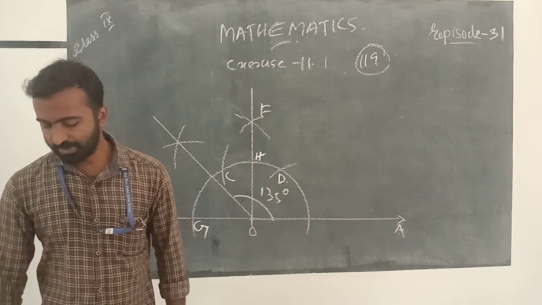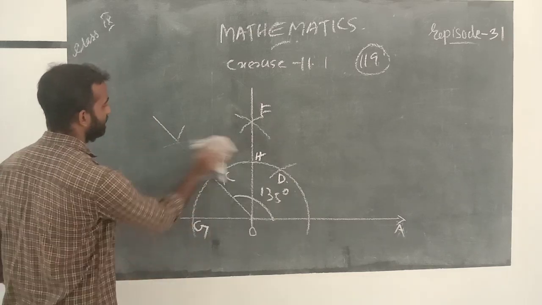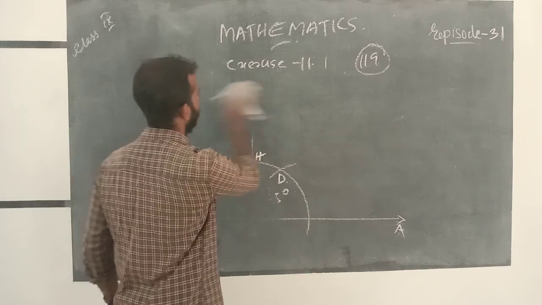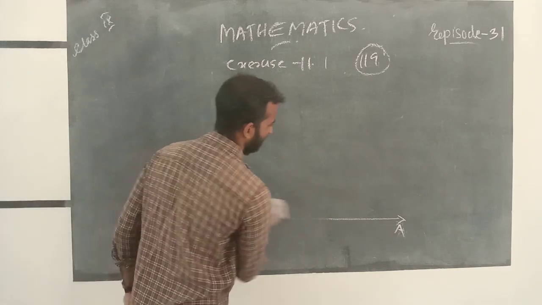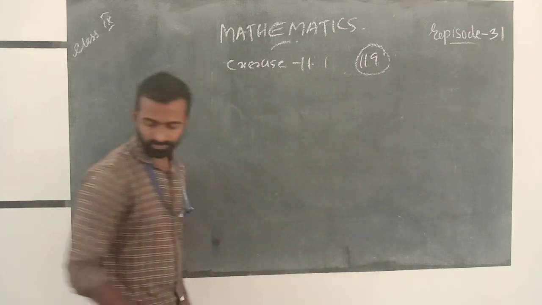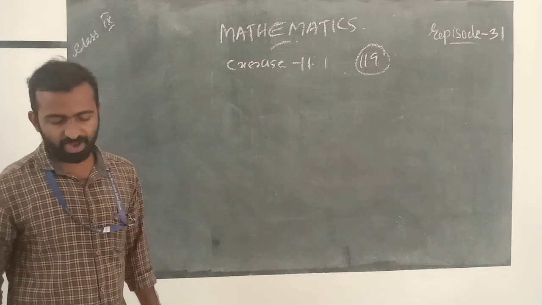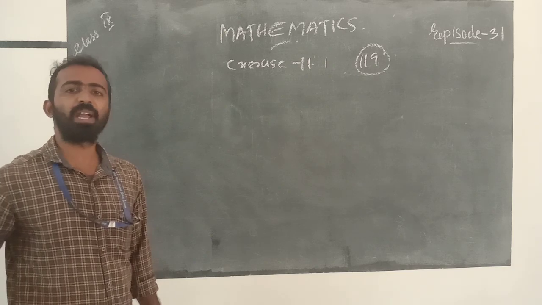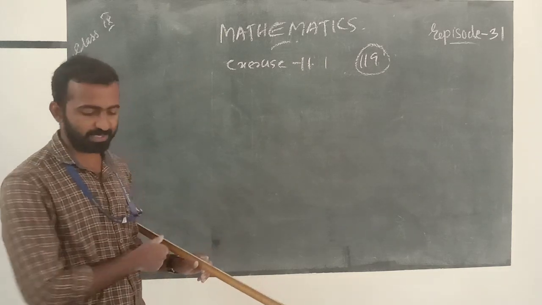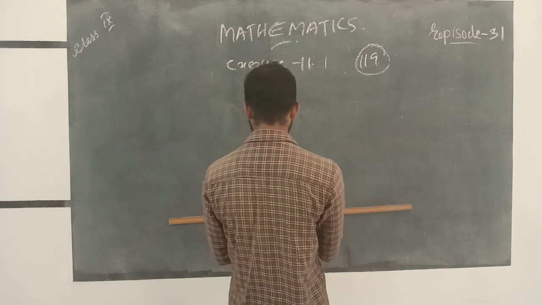First we draw a side of 4 cm. The equilateral triangle side is 4 cm. First we draw a line.